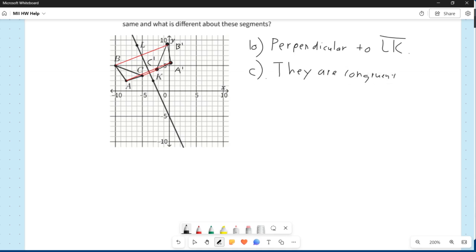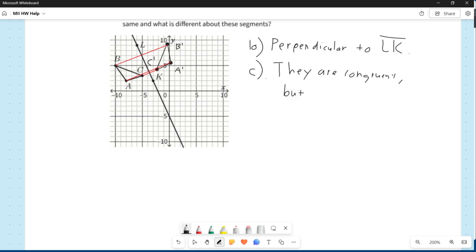So AB is congruent to A prime, B prime. BC is congruent to B prime, C prime. And CA is congruent to C prime, A prime. Those side lengths are the same between the original figure and the image.